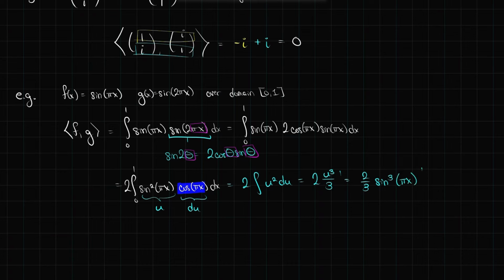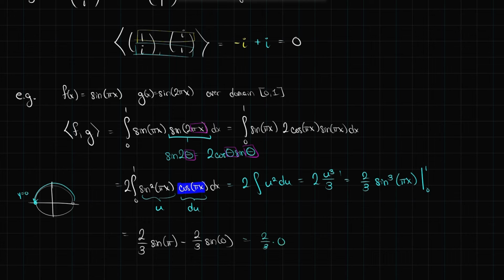Evaluated on my bounds, 0 and 1, I get 2/3 sine at pi minus 2/3 sine at 0. And if you don't believe me, let's recall the unit circle. I move around by pi, I end up here. Sine is the y value, y equals 0. So that's 2/3 times 0, minus 2/3 times 0. And I get 0 as my answer.